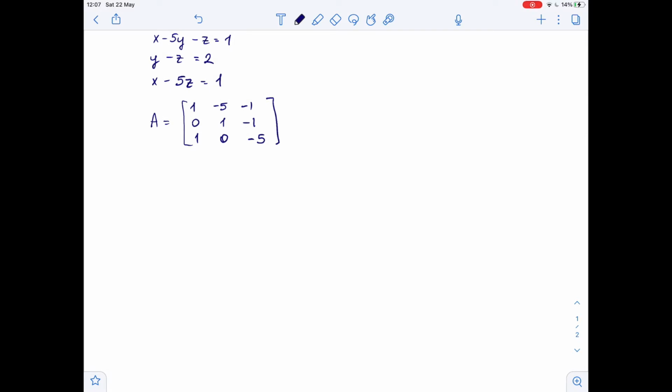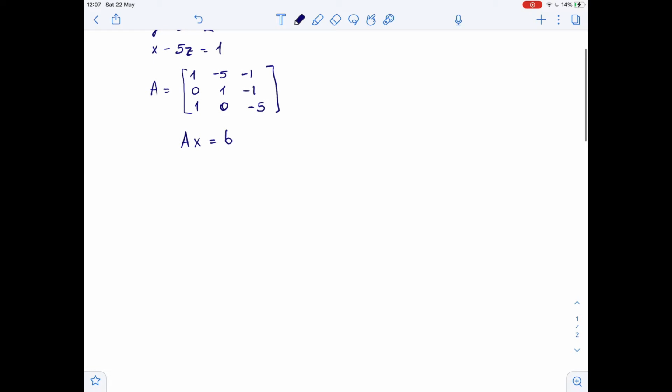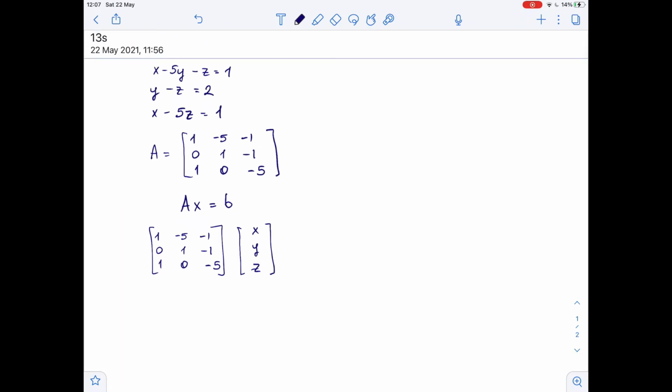Now, what we need to remember is that we solve a system of equations using matrices in the form matrix A times x is equal to B. We can write it down as our matrix A times x, y, z, the solution set, those variables which we need to find.